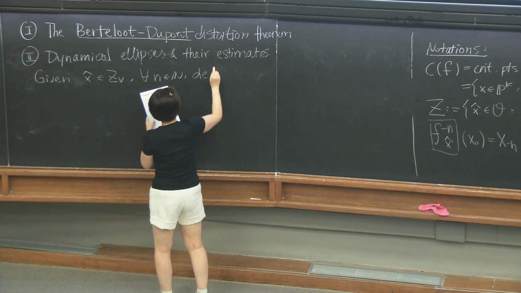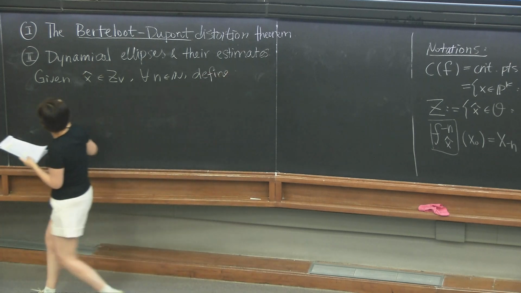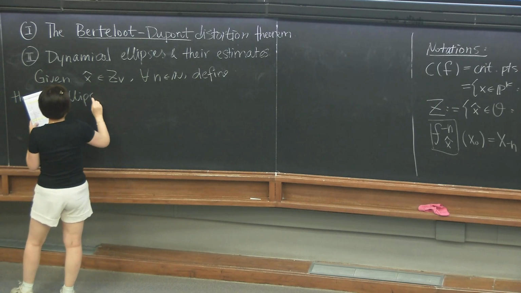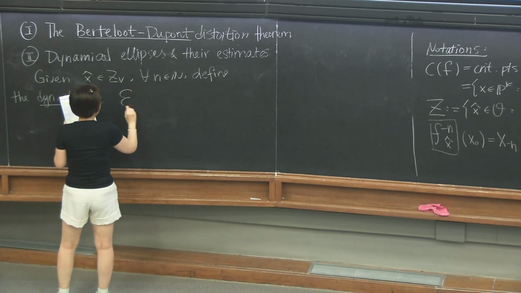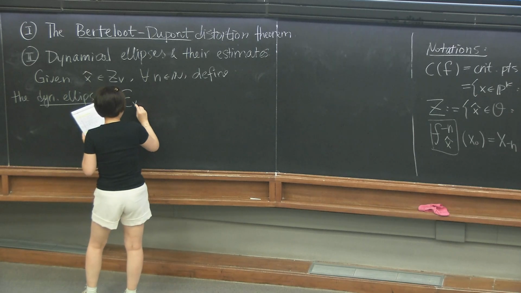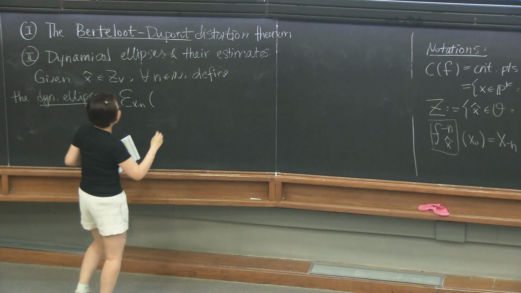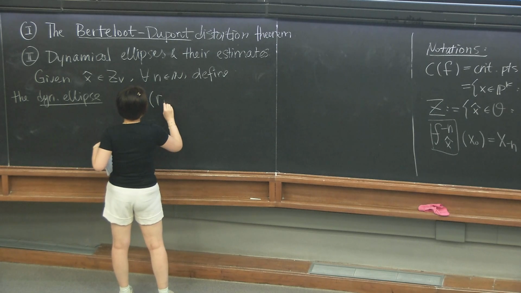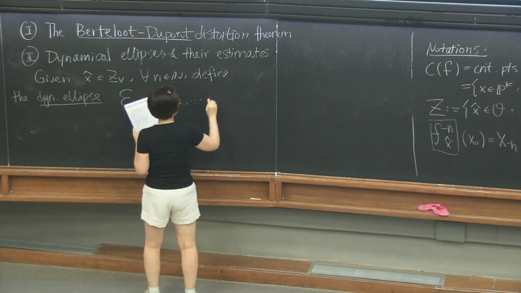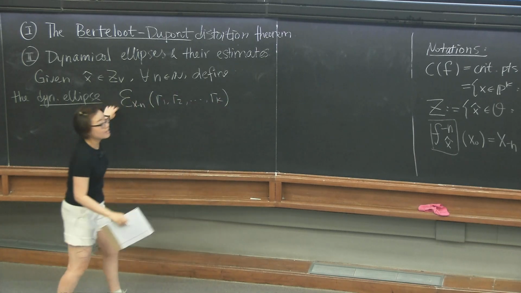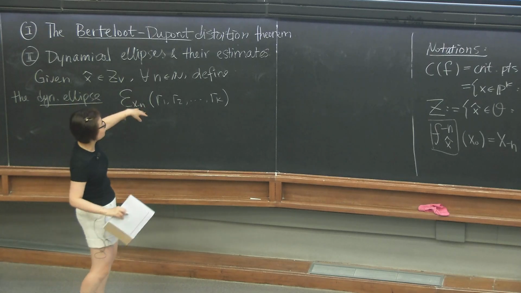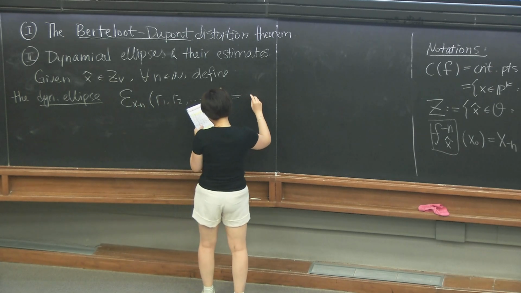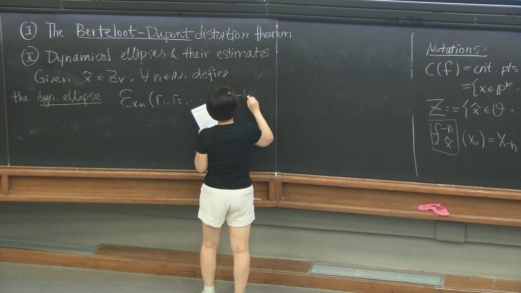So we want to define the dynamical ellipse, which I will denote by E, x minus n, and you put some parameters like the radius or the length of the axes, R1, R2 to RK, and in application we're putting these numbers in, so it will look something complicated.